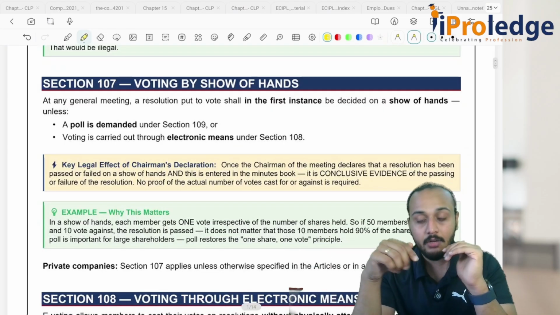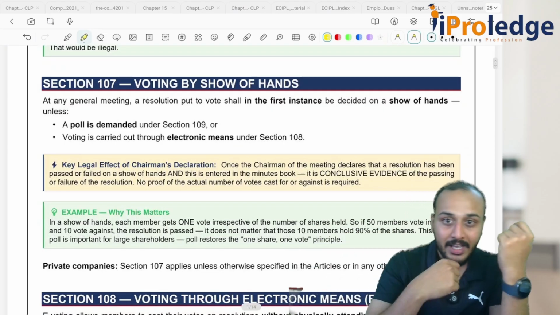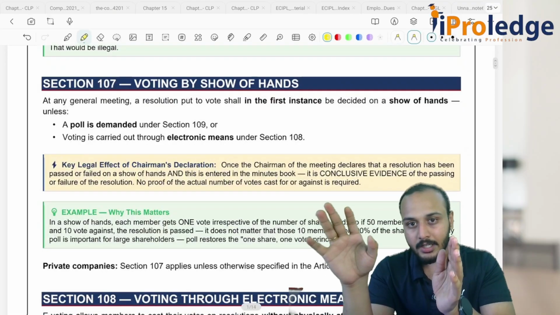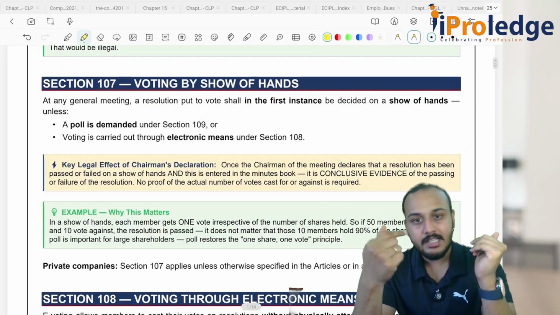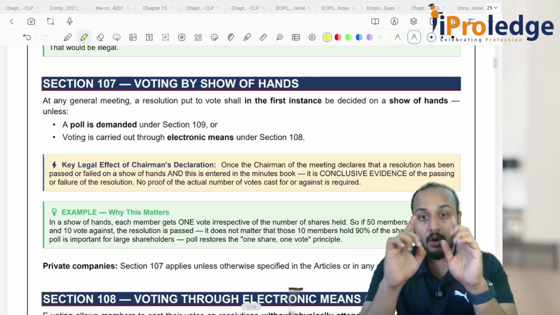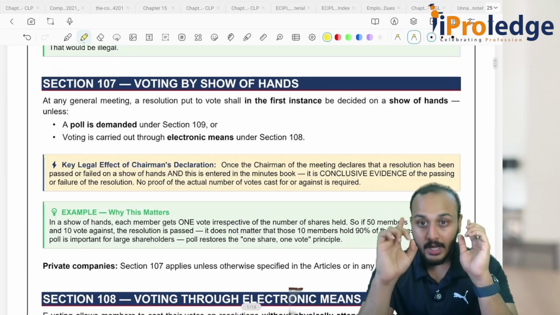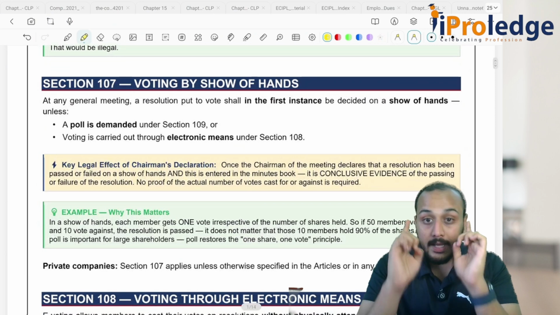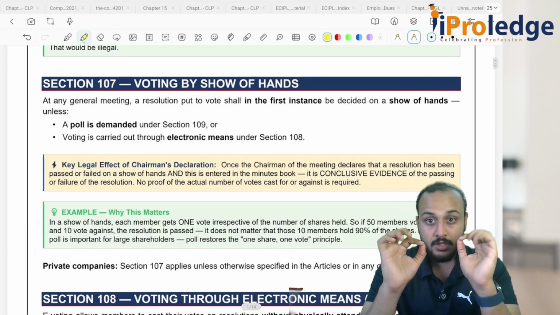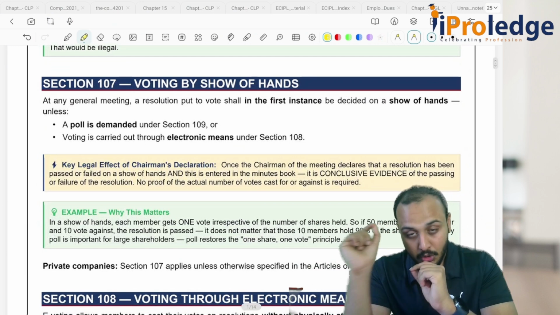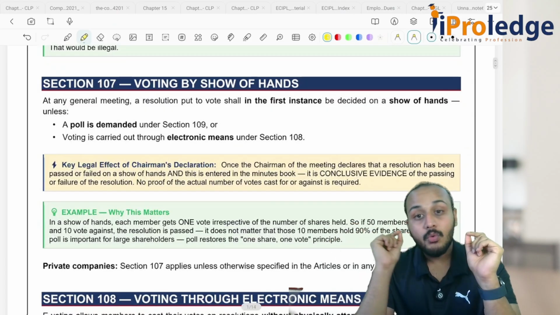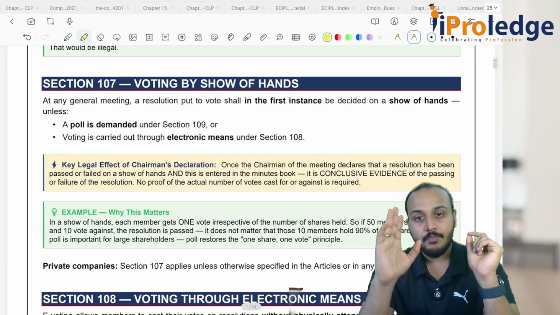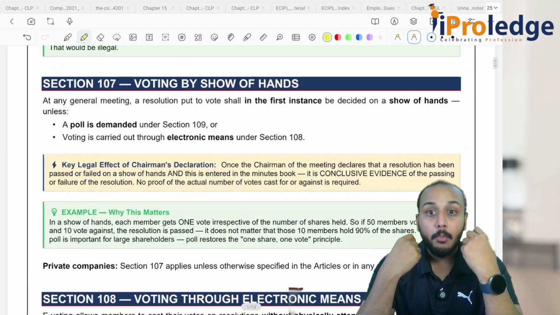Similarly, even here, once I opt for poll, that is my right. There are certain conditions for demanding it; let us see that in this revision. Just remember that you can demand a poll with certain conditions. Only in voting by show of hands will people around you get to know what vote you cast.